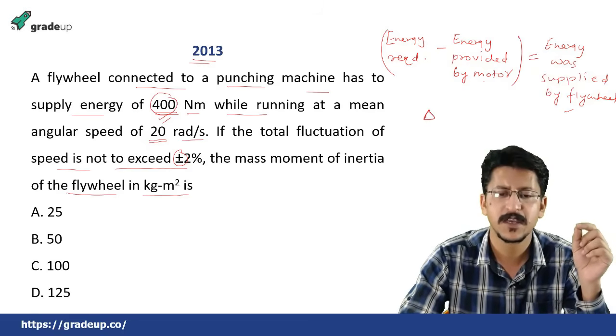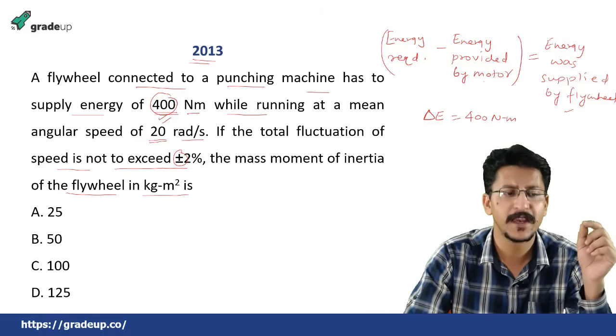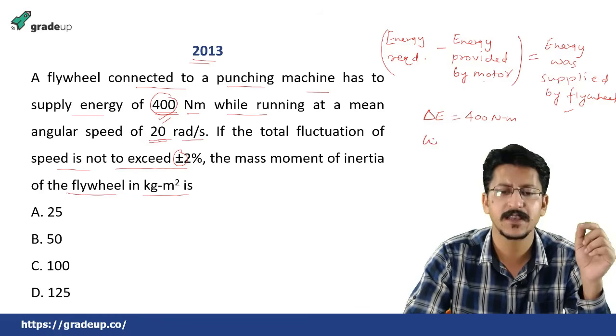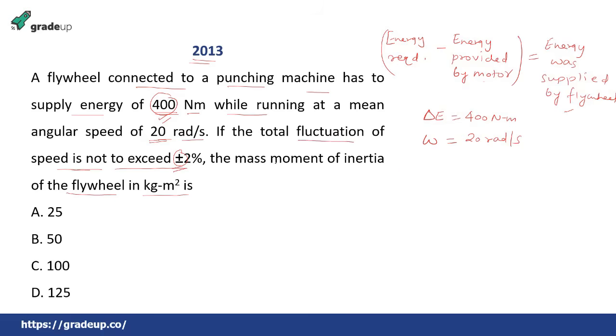So this becomes delta E, that is equal to 400 Newton meters, and it is given the mean angular speed. So omega is given to you as 20 radians per second, and this is given as the coefficient of fluctuation of speed CS, and in this case it is given as plus minus 2%.